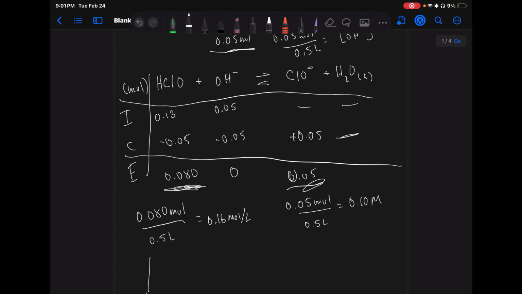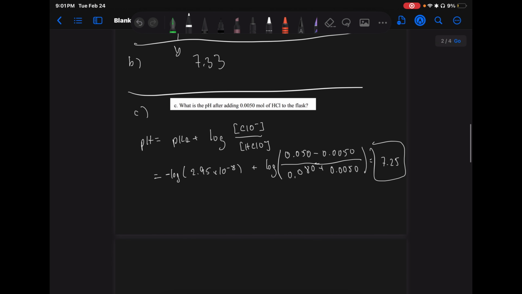The acid is HClO, and that's 0.080. So the acid is 0.080 plus 0.0050 because HCl is an acid, so we're adding acid. And for the base, we have to subtract because they're reacting with each other.